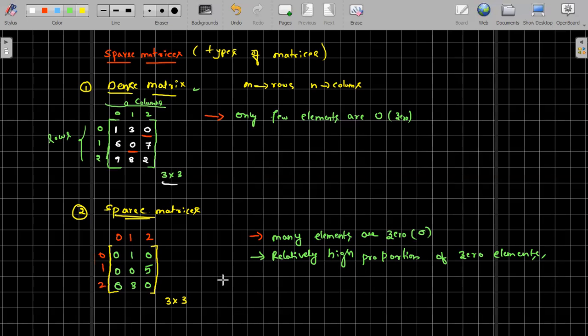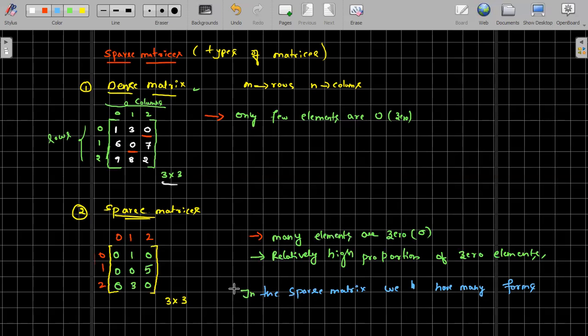So in this sparse matrix there are many forms. What are those forms?